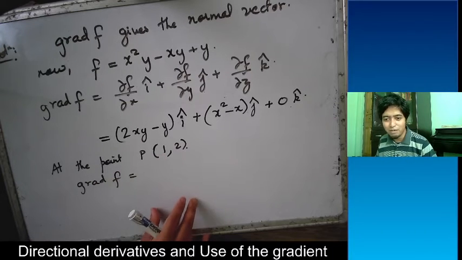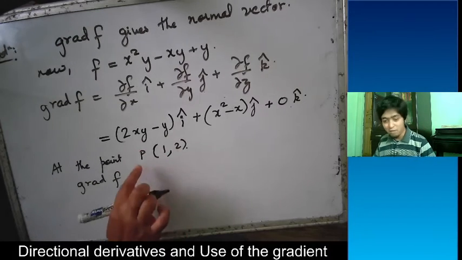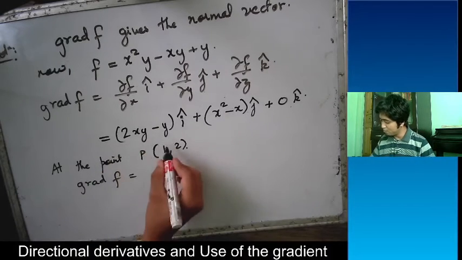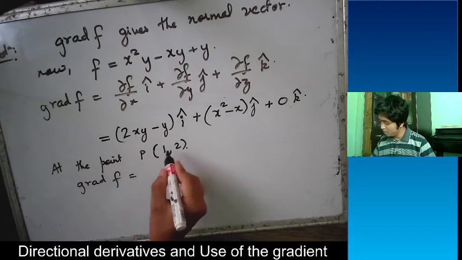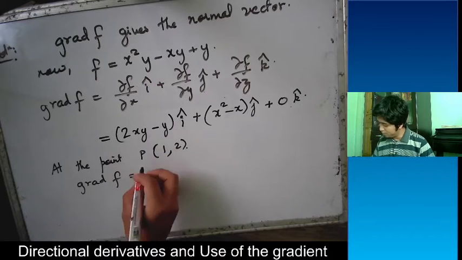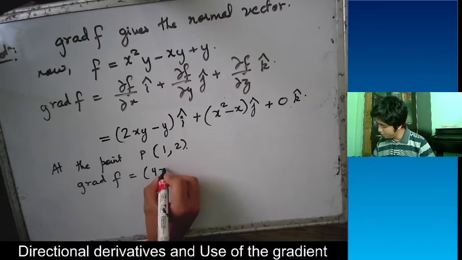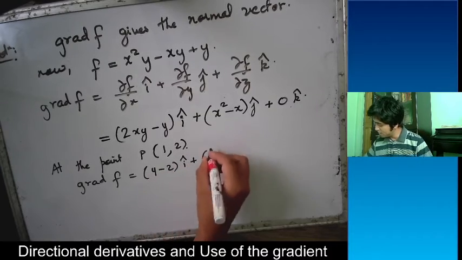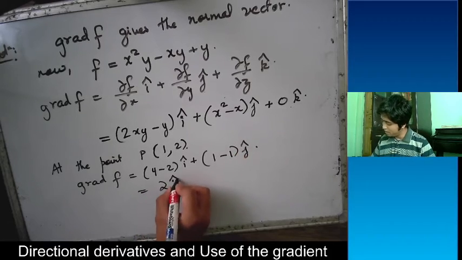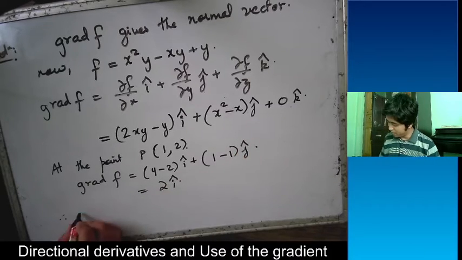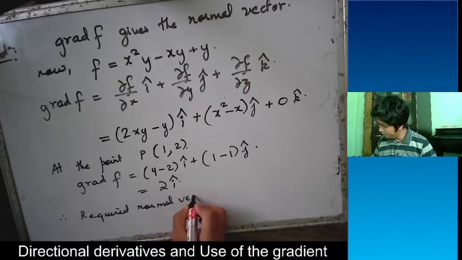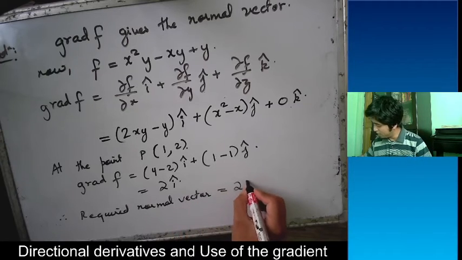So at the point P (1, 2), gradient f, instead of x, replace with 1, instead of y, replace with 2. So you will get 4 minus 2, i, plus x squared, which will be 1 minus 1, j. So it will be 2i. Okay, so therefore the required normal vector is equal to 2i.